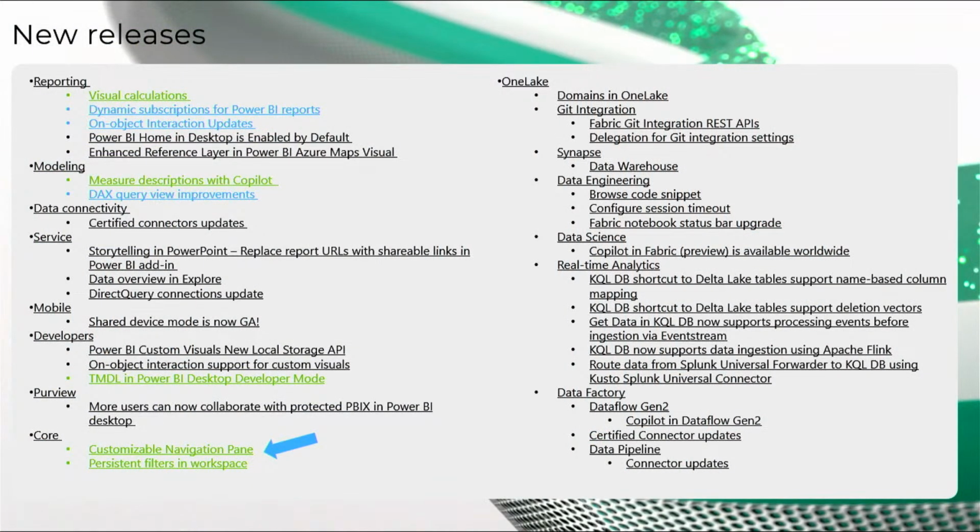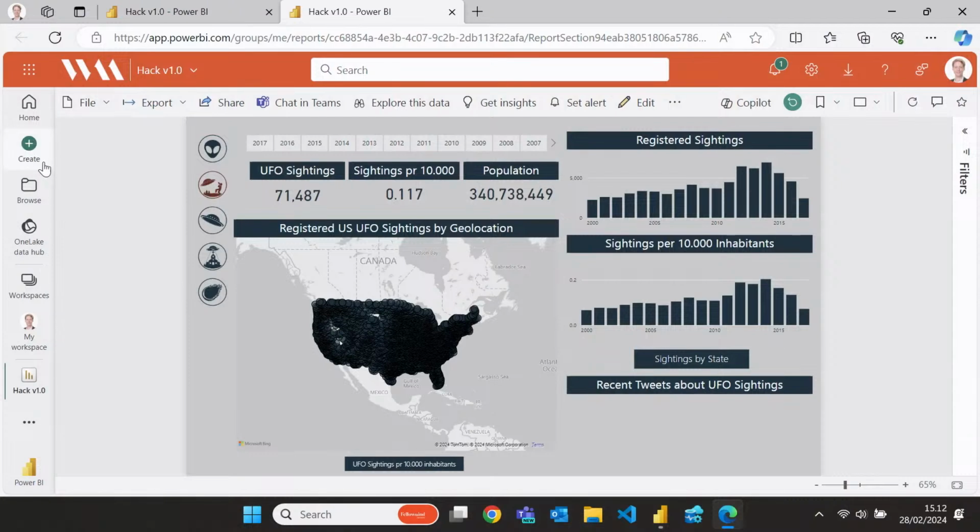Right. Next one up is the customizable navigation pane. Oh yes. The customizable navigation pane is really just a nice to have. If you show my screen, I will do a quick demonstration. Really, it's just a matter of editing the buttons you have on the left side of the screen.